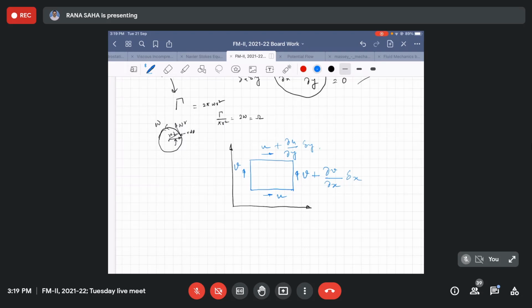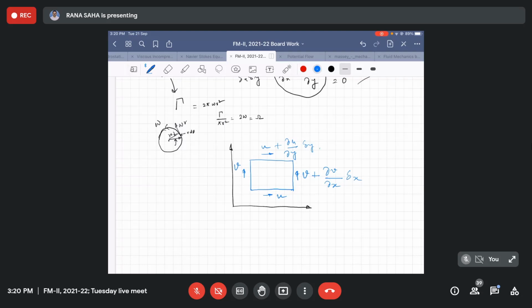and physically from where this conclusion has come, that inviscid flow is essentially irrotational. Because to rotate anything, what I need, I mean now actually it is not from the kinematic point of view, rather from the dynamics point of view, how we can achieve a rotation. The moment you want to have a rotation, you need to have a shear stress that will generate a torque about a certain point, about which, if the axis is passing through that point, you will be having a rotation of the element under consideration.